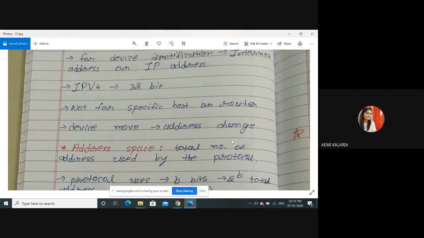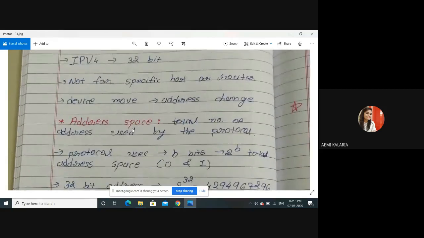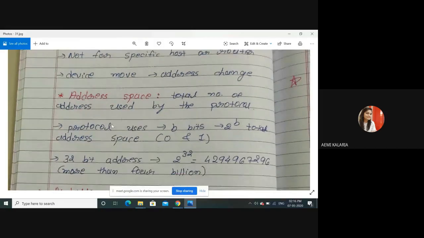Now, what do you mean by address space? The total number of addresses used by a particular protocol we can call the address space. The IP address mostly deals with the third layer, the network layer. The first ones are physical, data link, and then network layer, so on the third layer these IP addresses will work.